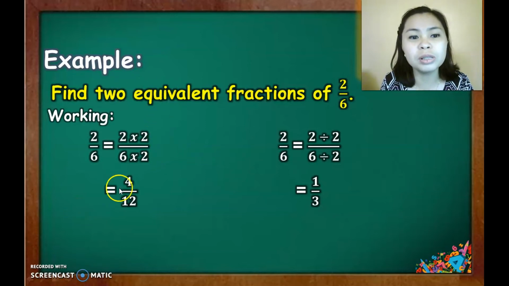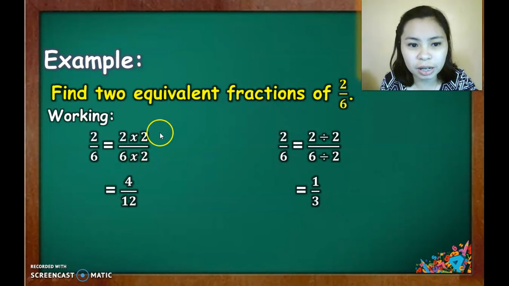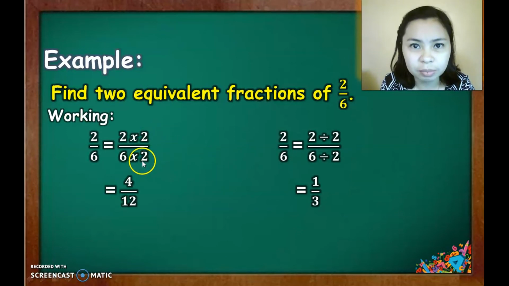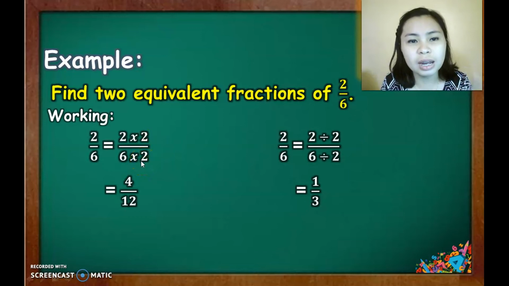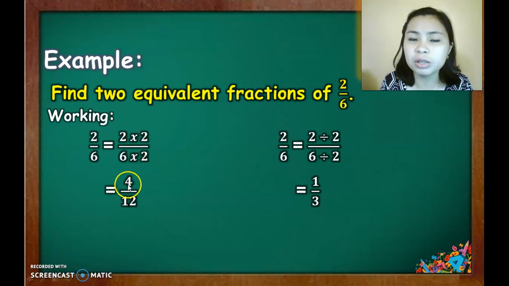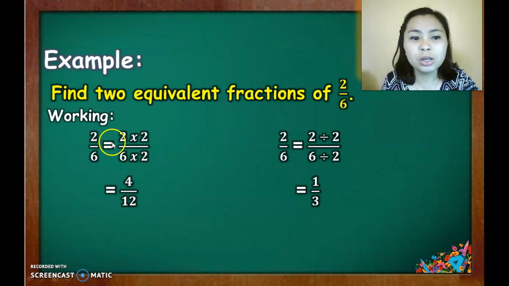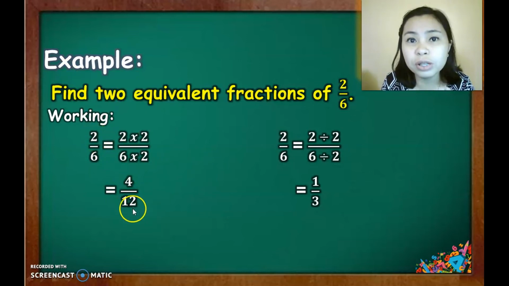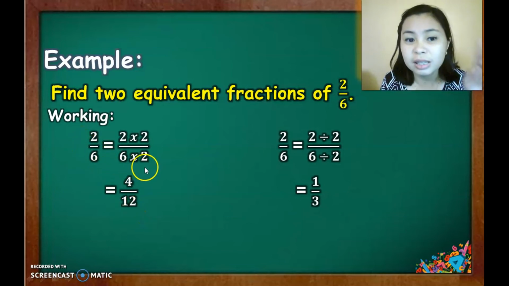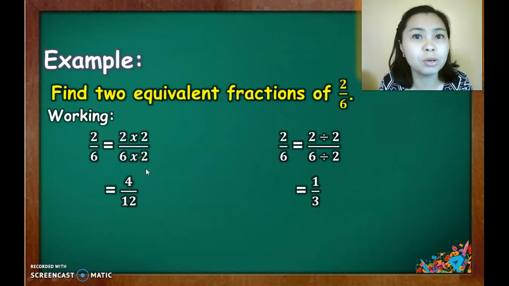Remember, you need to multiply both the numerator on top and the denominator at the bottom. So 2 times 2, the numerator is 4, and 6 times 2 is 12. So 2 over 6 and 4 over 12 are equivalent fractions. That is for multiplication.